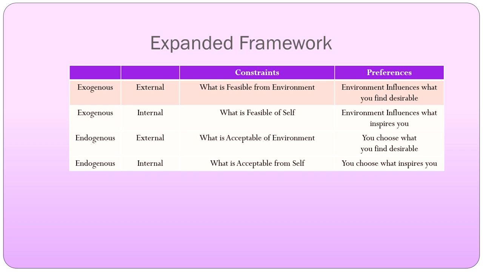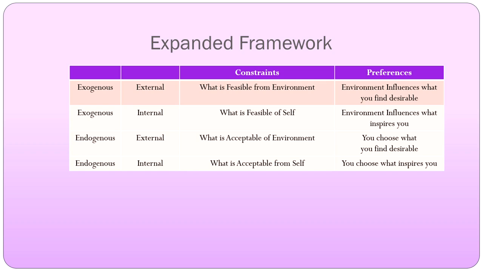So if you have exogenously determined constraints, but they're constraints about the external world, then we're saying what is feasible from the environment? What can you do with the environment? In terms of preferences, this is about how the environment influences what you find as desirable.